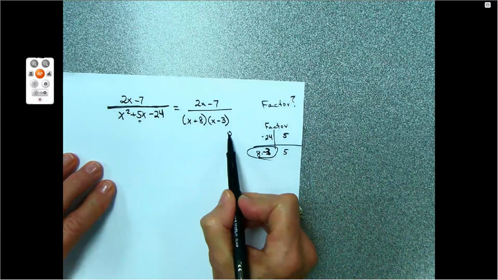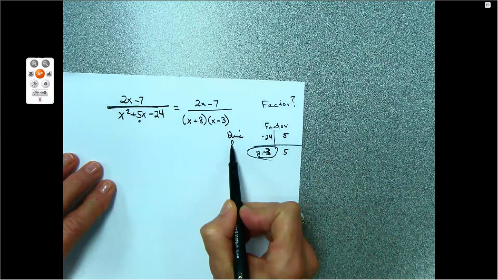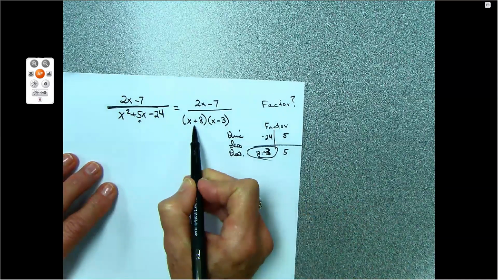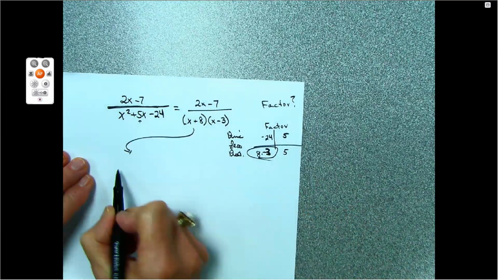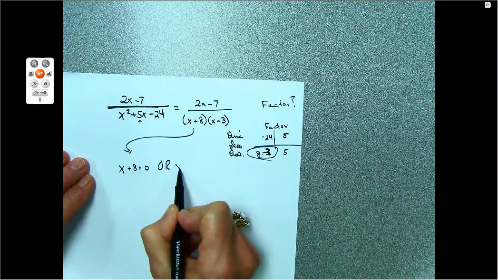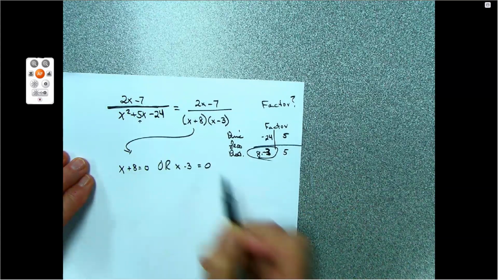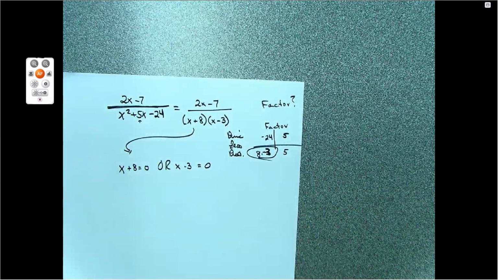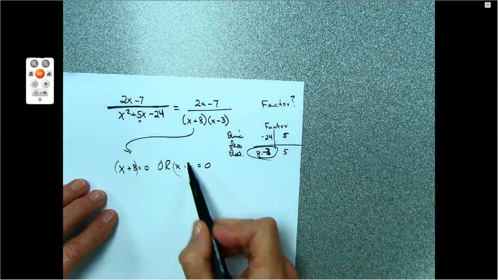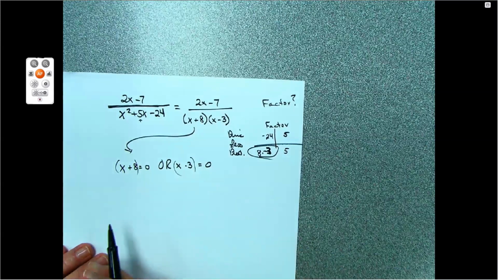I'm going to use the zero product rule and set your factors equal to 0. If either of those factors is equal to 0, my denominator would be 0, right? So I need to restrict so that doesn't occur.